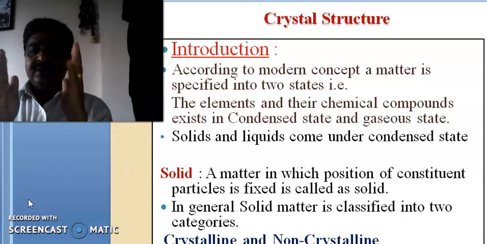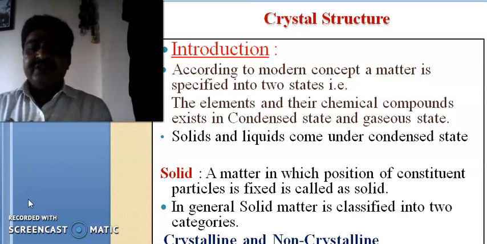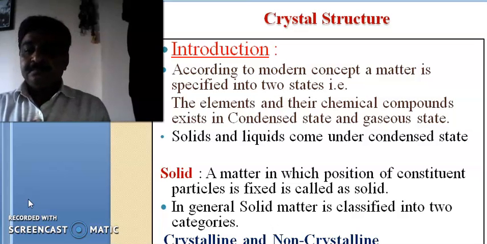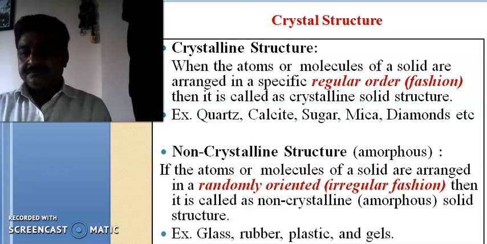Crystalline solids and amorphous solids: such 2 categories are there. Solid exists in crystalline and non-crystalline form, which is also called amorphous form. Crystalline structure and non-crystalline structure.